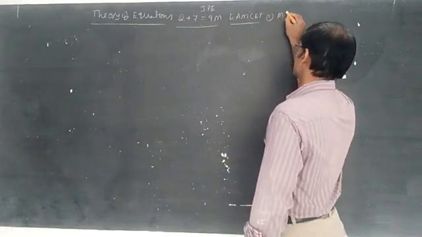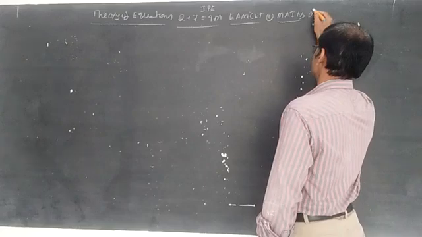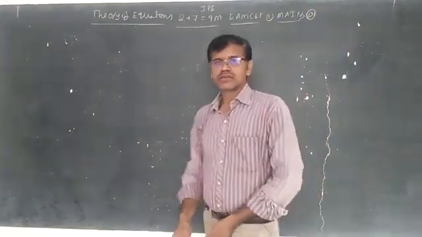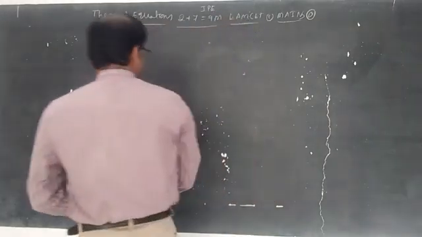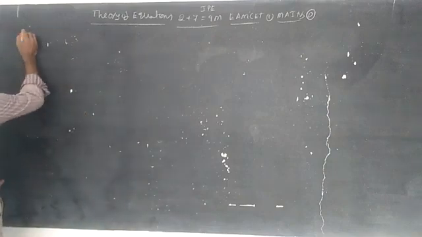M set only 1 bit. There is no main bit from this chapter, main bit 0. Of course, there is no advanced bit. Only M set, only 1 bit will be asked.